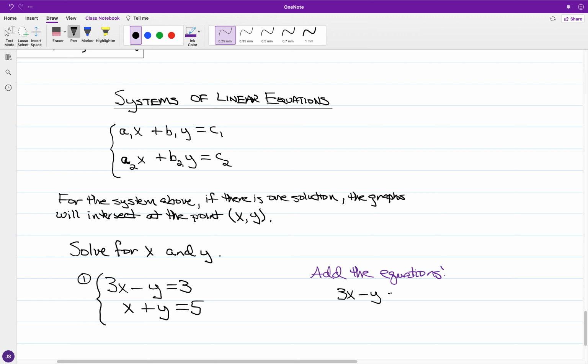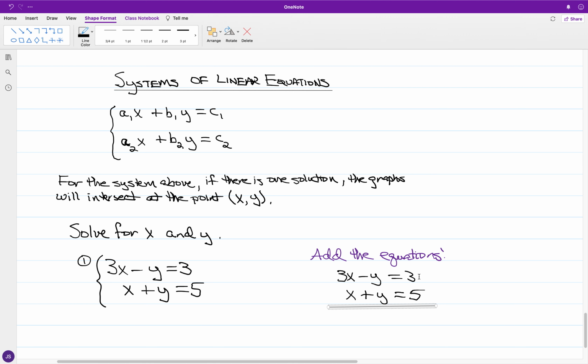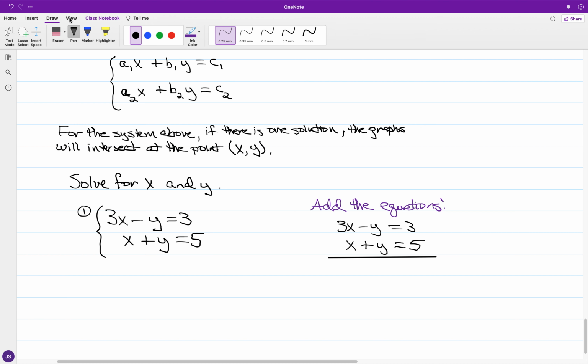Okay, so 3x minus y is equal to 3, and x plus y is equal to 5. And if I add together, once again, the negative and the positive y will cancel out.